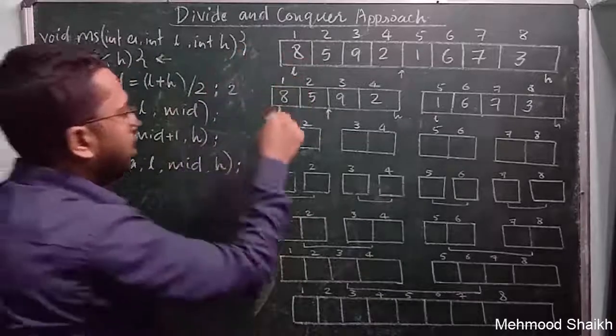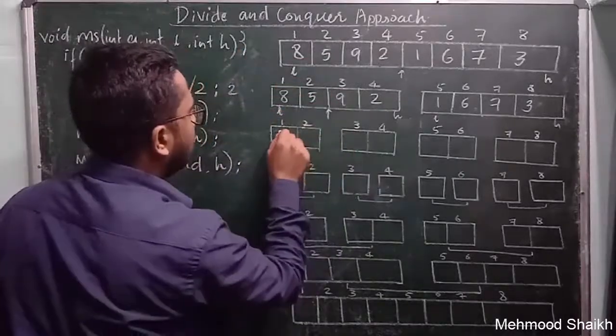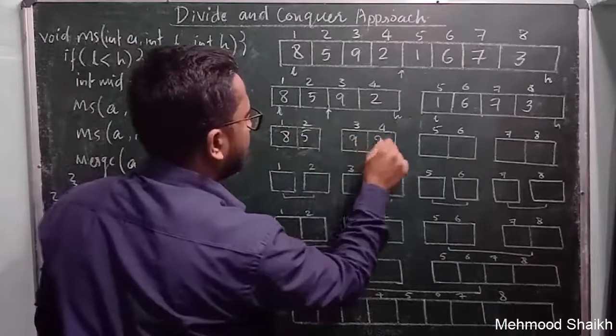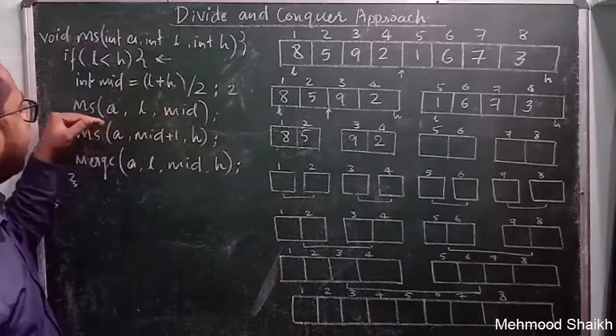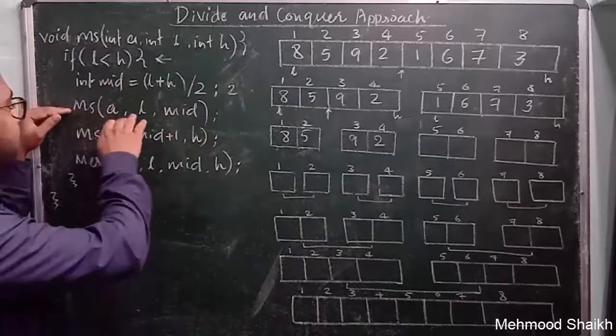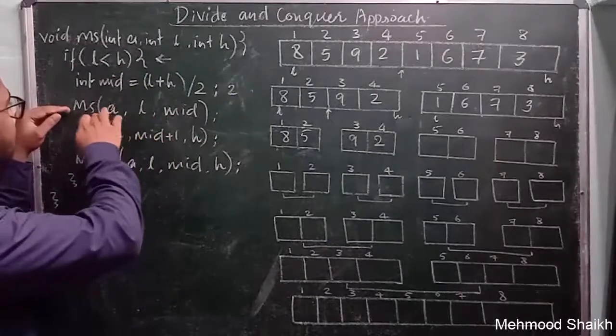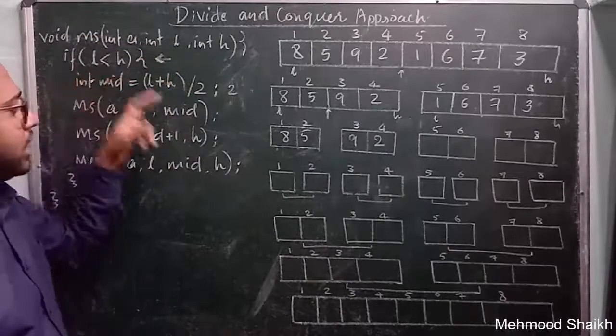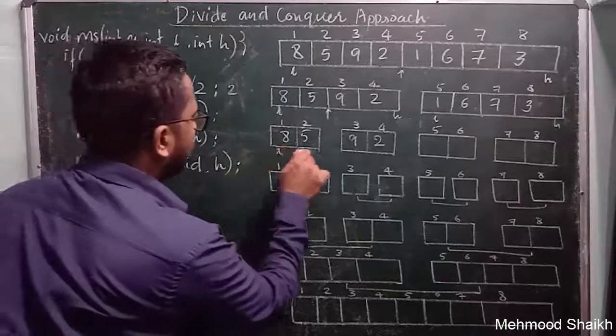So I will divide this entire subproblem 1 into further subproblems. Next it will again make a call to the merge sort function, and control will again come back to this point where it will check if low is less than high. Yes, this is our low and this is our high.